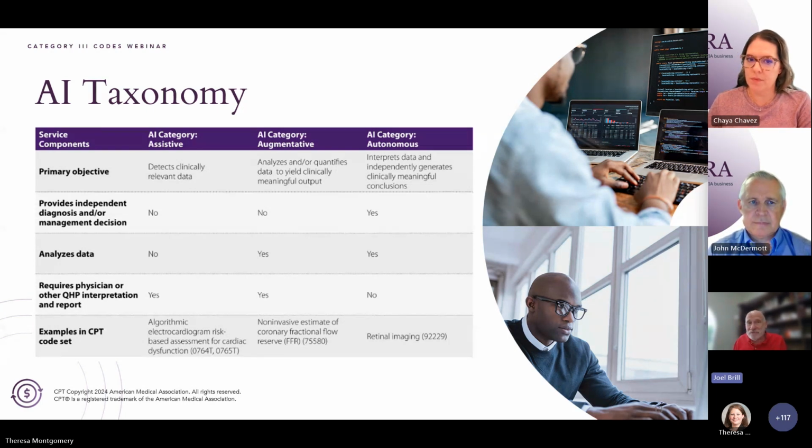So give credit where credit is due, and anticipating that, this is a very interesting change in how we are thinking about the use of AI and technology as it affects both physician work as well as the equipment, staff, and supplies of the practice expense needed to provide the service. Yep, good. Thank you, Joel.